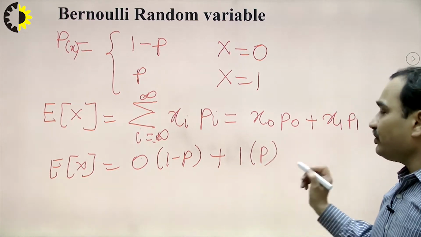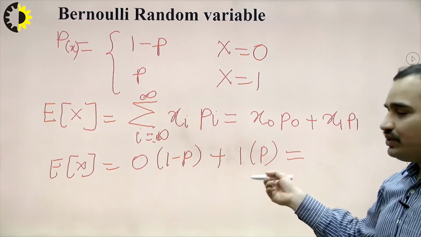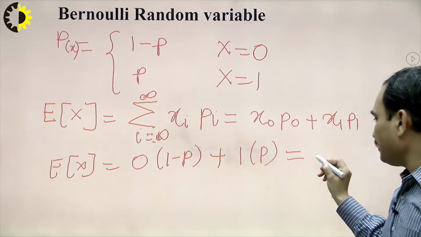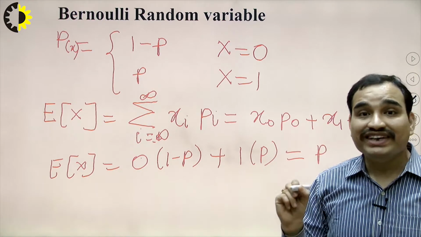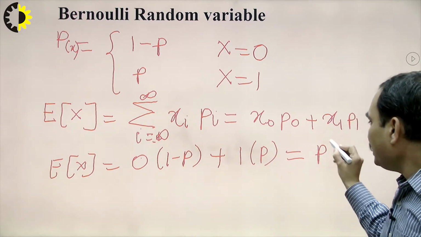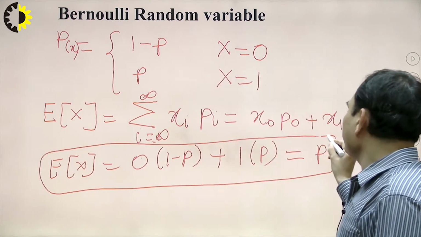Solving it, 0 multiplied by any quantity is 0, and 1 multiplied by p is simply p. So the mean of the Bernoulli's random variable is simply p. So we have proved it.